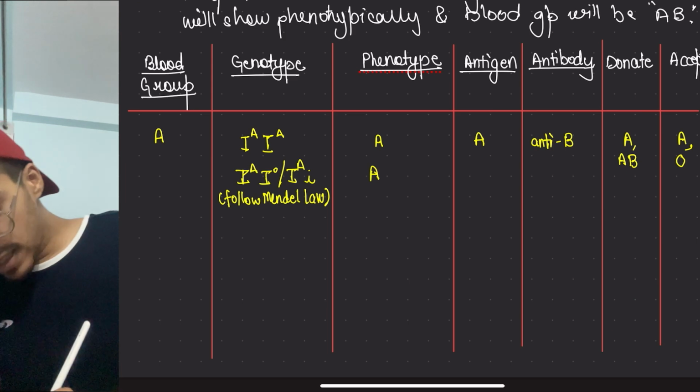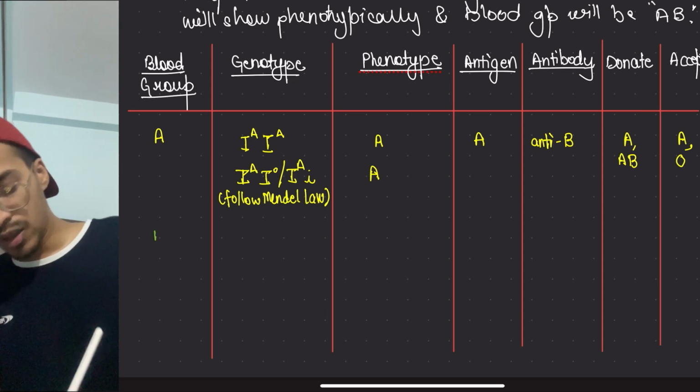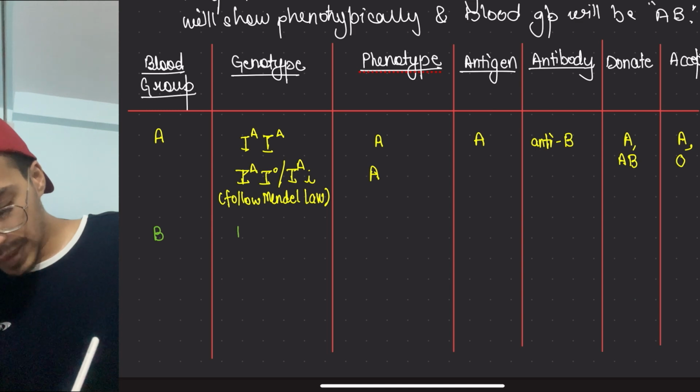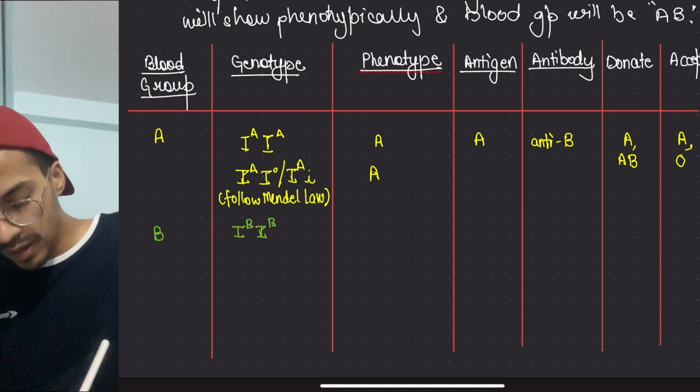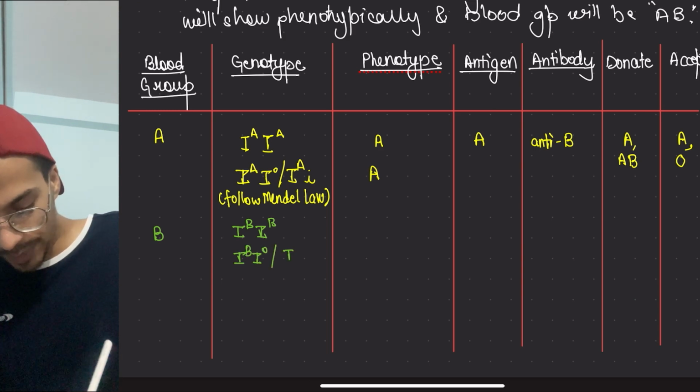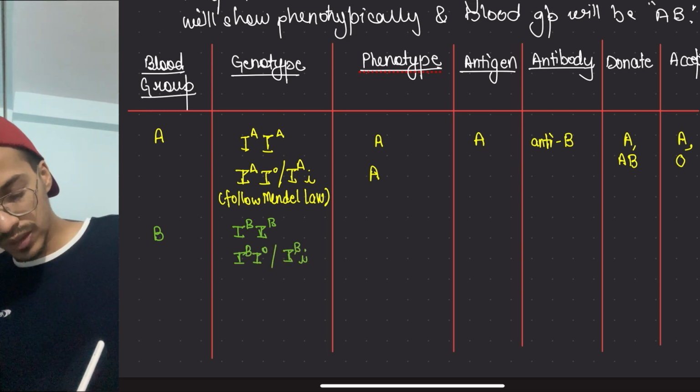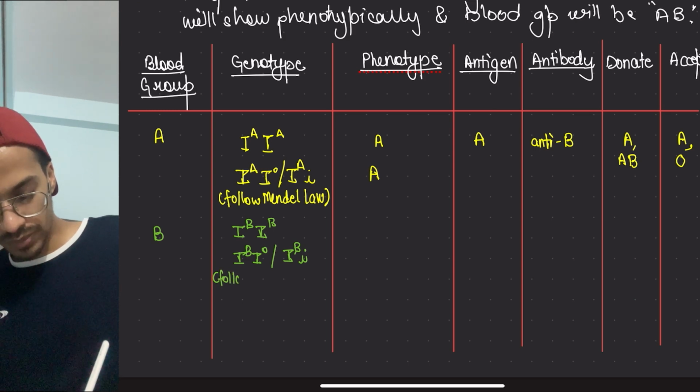Okay, then comes the second one, B blood group. So we can have IB IB, both homozygous condition, or IB IO, which can be written as IBi. Here also it follows Mendel's law.